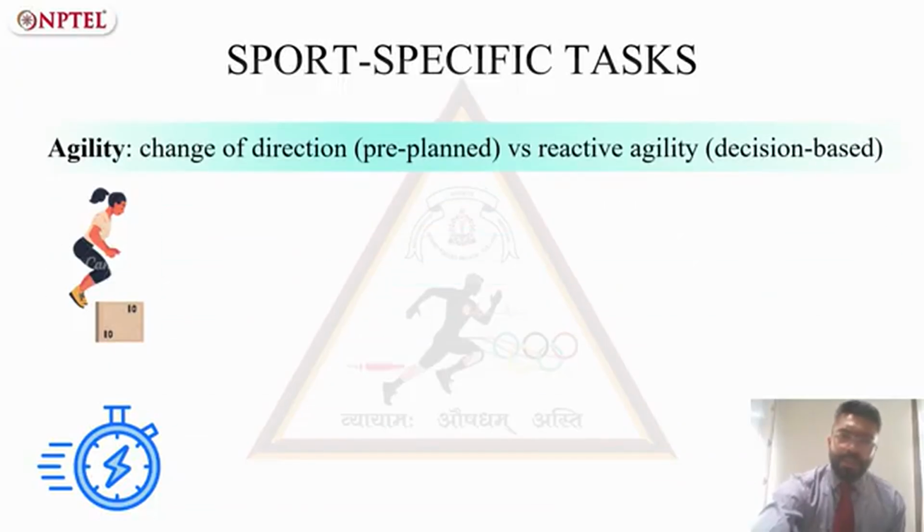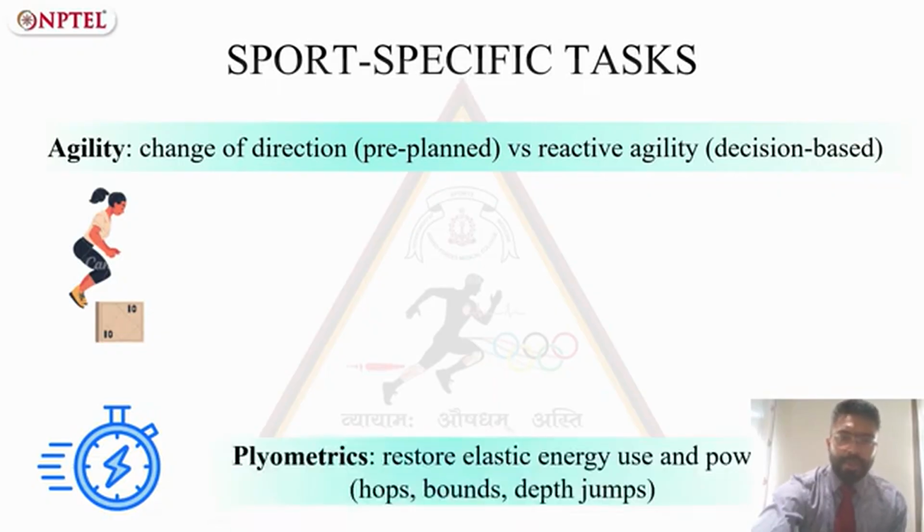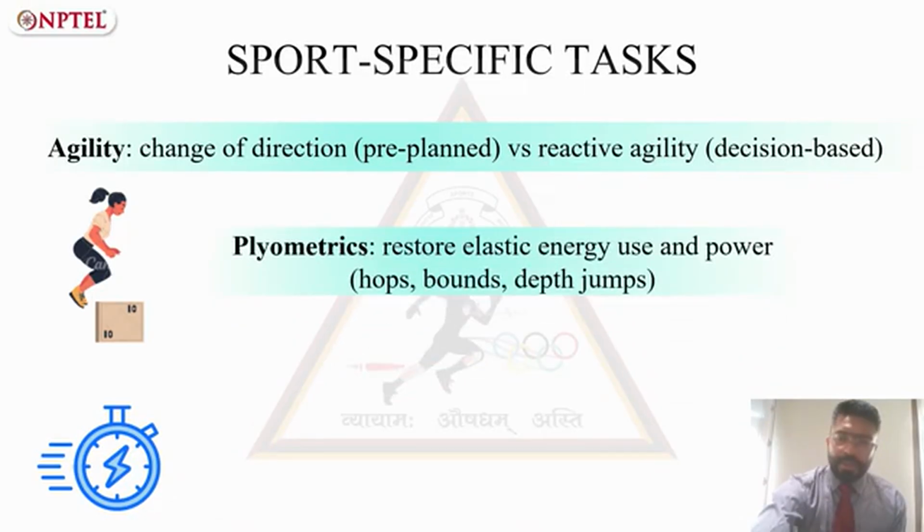Agility: this is a change in direction without change in speed of movement. This could be a pre-planned activity or decision-based reactive agility drills. Plyometrics: these involve explosive movements such as hops, bounds and depth jumps.